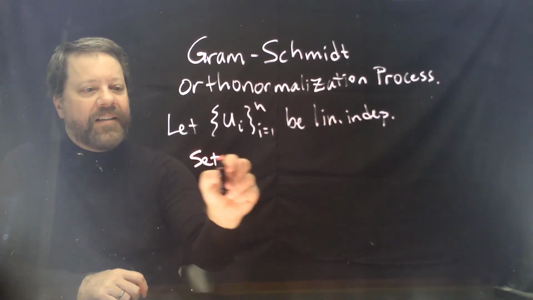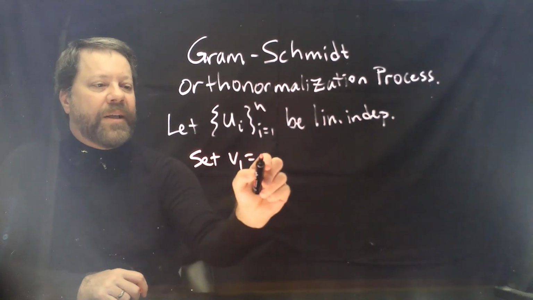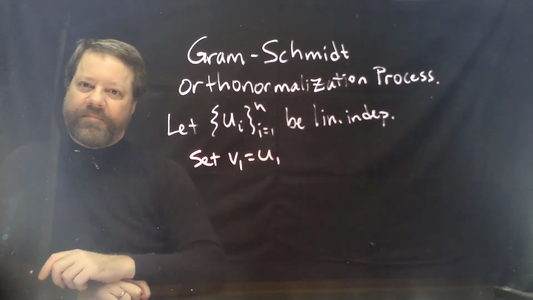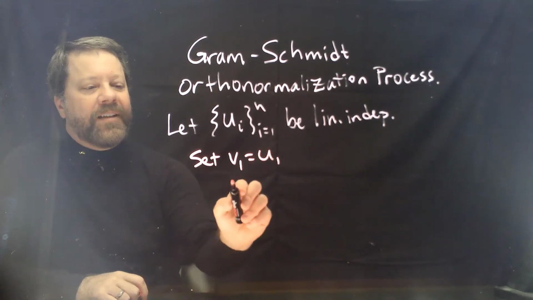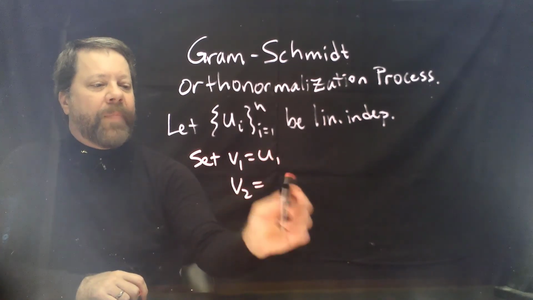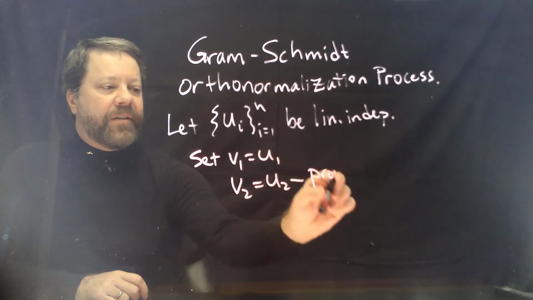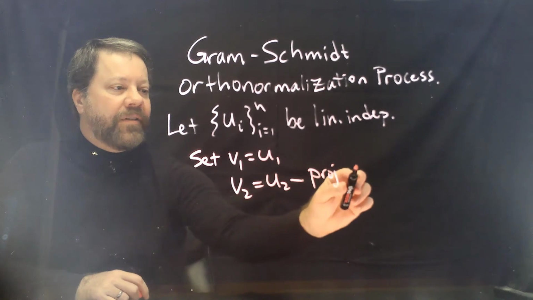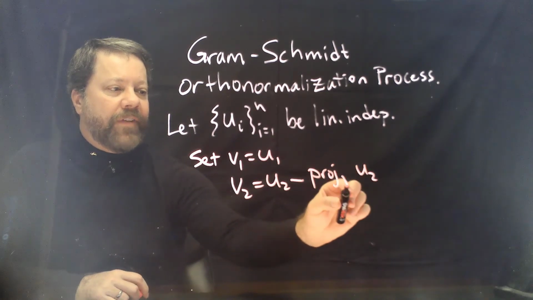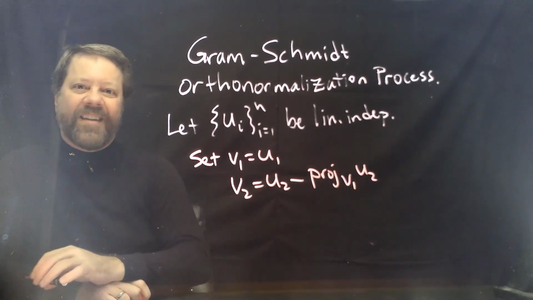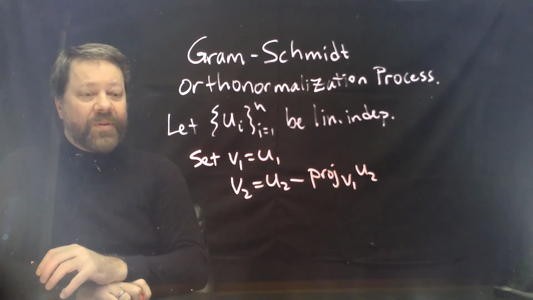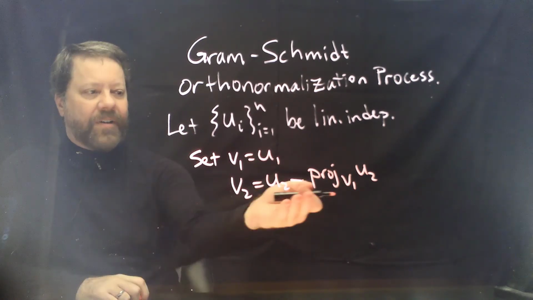You set v1 to be u1. Why not? v2 is going to be u2 minus the projection of u2 onto v1. You'll get something orthogonal, the orthogonal complement.